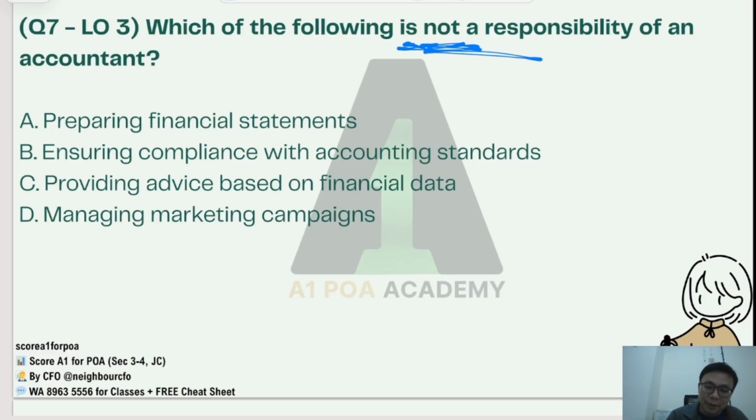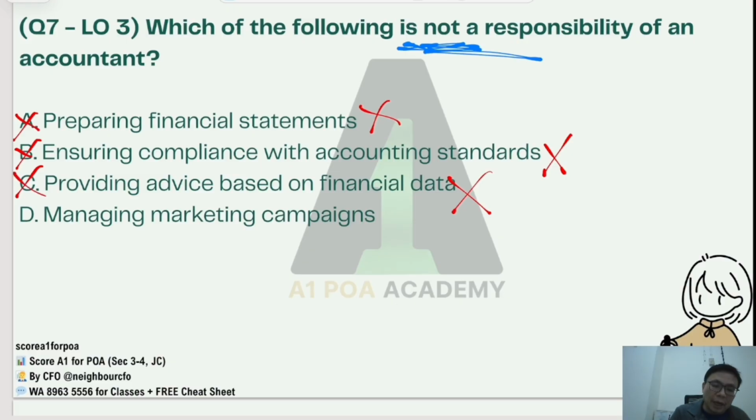So this is the option to be eliminated, right? Next, B, ensuring compliance with accounting standards. Yes, it is a responsibility of an accountant, so this option is out. C, providing advice based on financial data. Yes, accountants do that, right? So this is out as well.